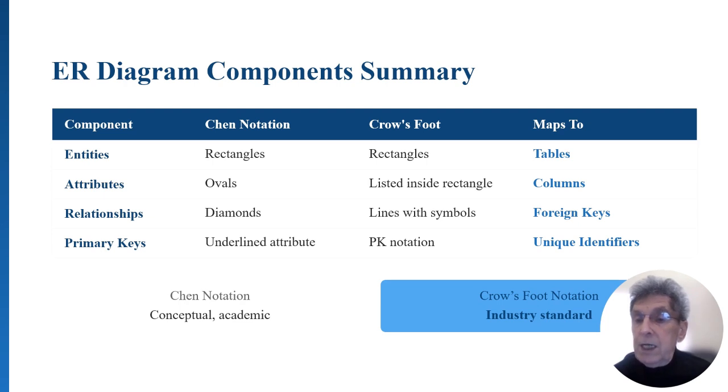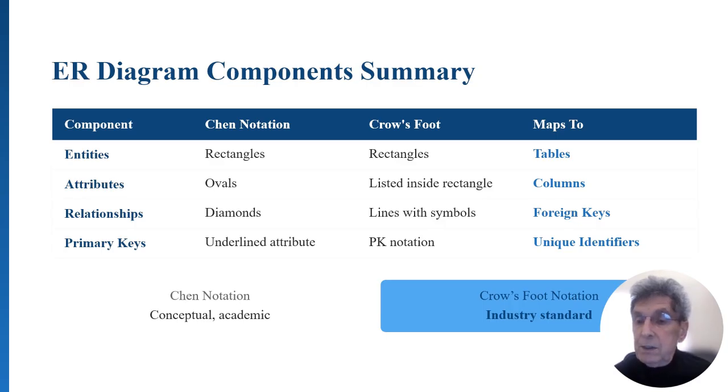Primary keys are underlined in many entity relationship diagrams, and they become primary key constraints with unique, not null enforcement. On the screen, you can see a side-by-side comparison of the same mini-model in Chen notation versus crow's foot. Chen uses separate shapes for everything: rectangles, ovals, diamonds.